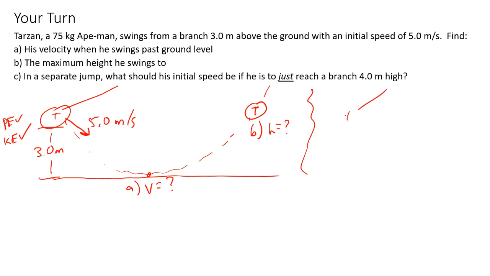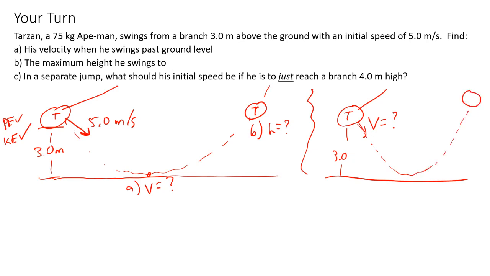So here we have Tarzan leaping from a tree, but we don't know his velocity. We're saying, what does that velocity have to be so that when he swings down and comes back up, he's going to end up 4 meters above the ground? Okay, give those a try and answer those on your screen.